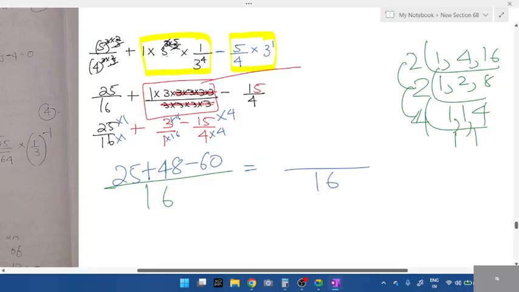These both are positive, students. 25 plus 48 is 73. 73 minus 60. The answer is 13 by 16. Is it clear? So see where you all have got to.